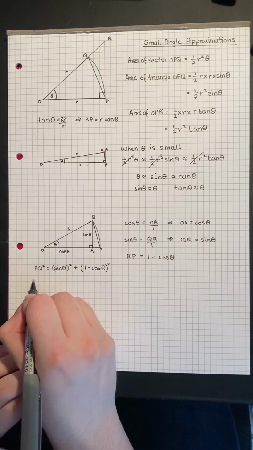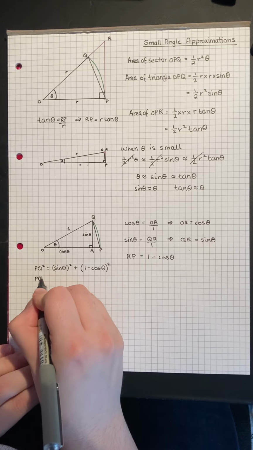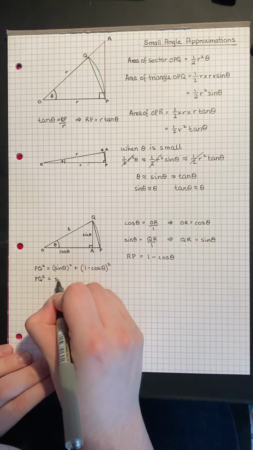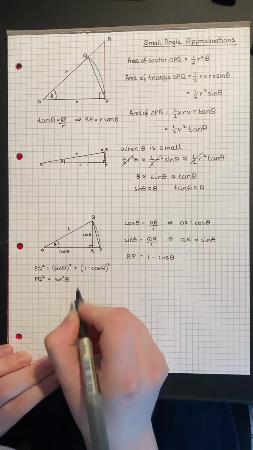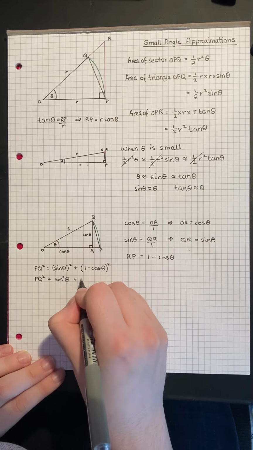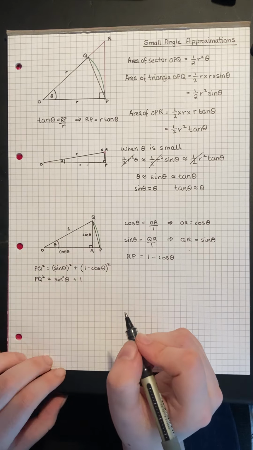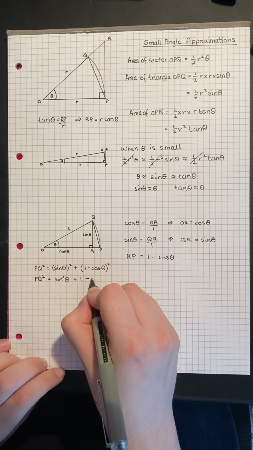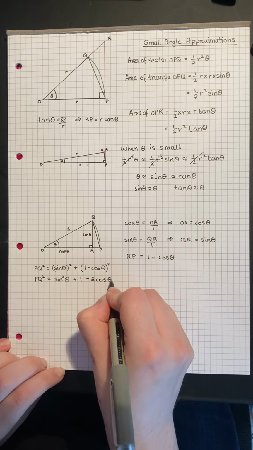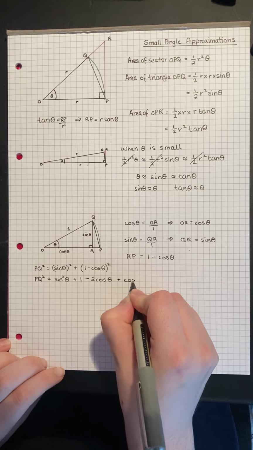And now if we expand that out, we've got PQ squared equals sine squared theta plus 1 minus 2 cos theta plus cos squared theta.